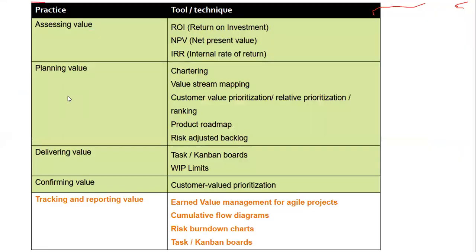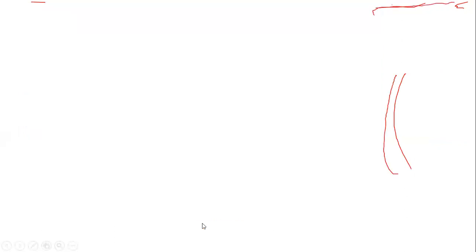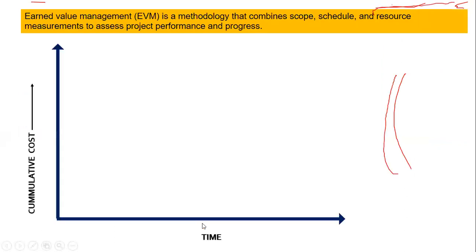Okay, now we are into our last section, that is tracking and reporting value. You can expect a few questions out of this. The first one is earned value management. So maybe a little bit of attention is required here. With earned value management, you are going to assess how much you have done.